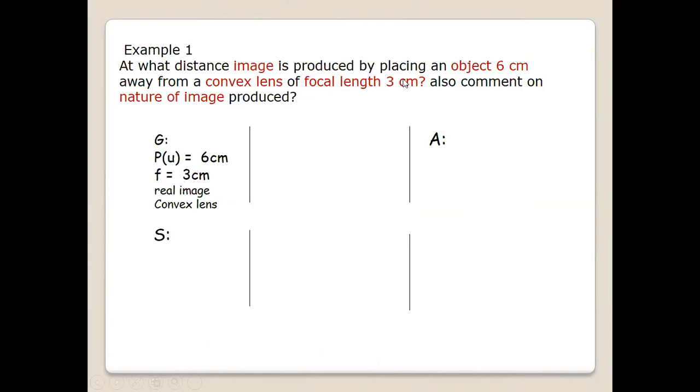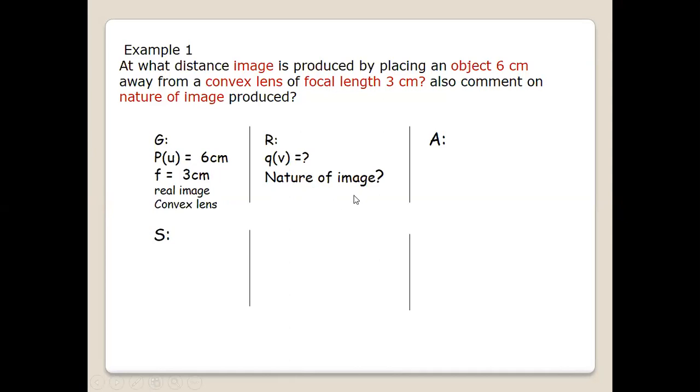So focal length is 3. You can see that object distance is 6 and focal length is 3. It means the object is away from the focal length. Now what we are required to find is Q, that is the image distance, and the nature of image.